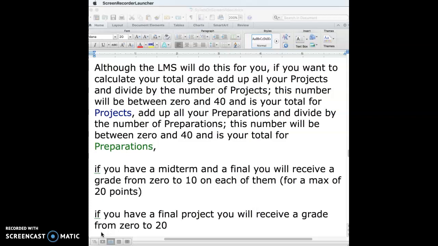But the learning management system is great at sorting out the grades. So if you've had 3 projects so far, 7 preparations, and no final project or midterm and final exam, depending on your situation, you don't have to look at the learning management system and say, oh, that's why my grade is so low, because we haven't had the final yet.